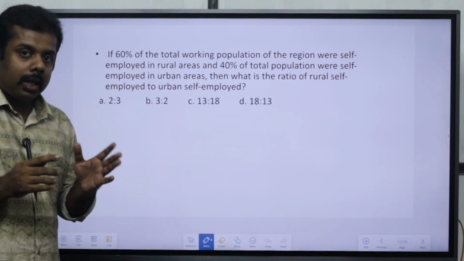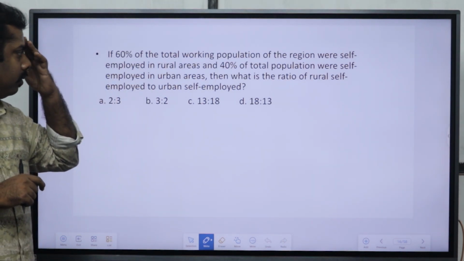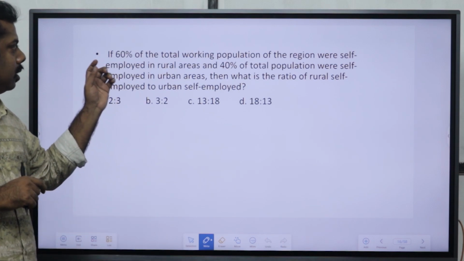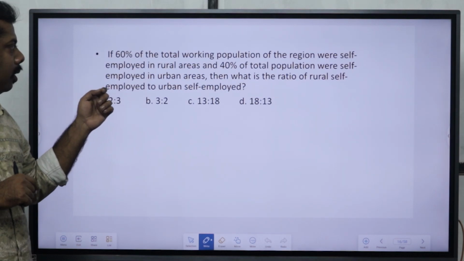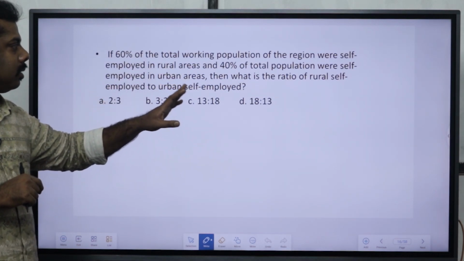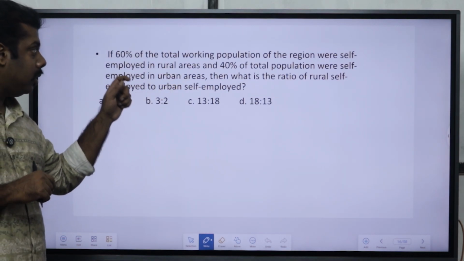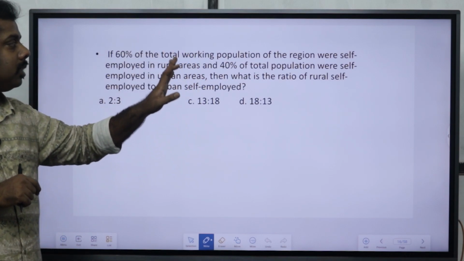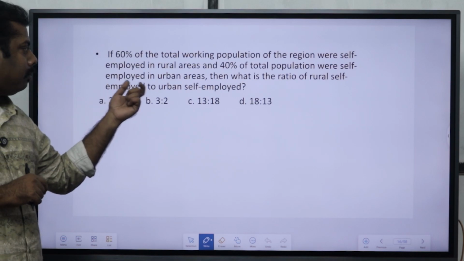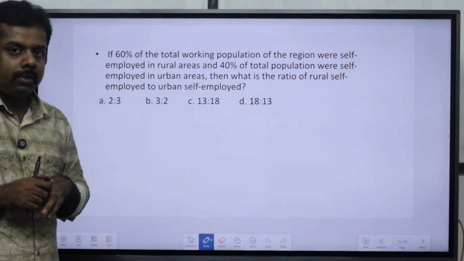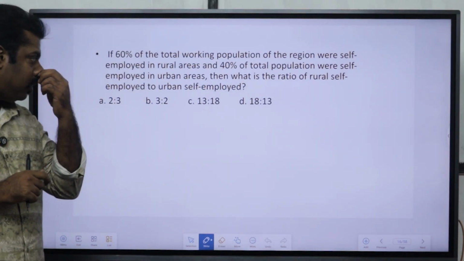So they have given a condition, and in case of urban, 40% were self-employed. So what would be the ratio that they have asked?